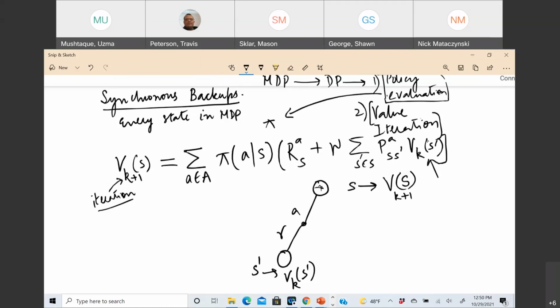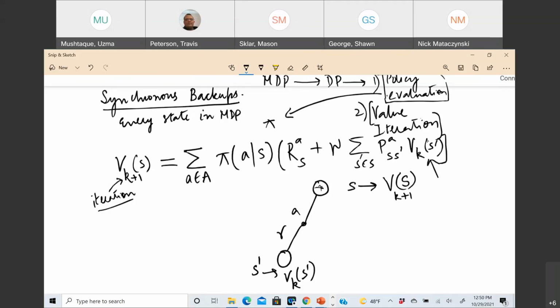So basically we'll use the value of the leaves, which is S prime here, that's my leaf, from the previous iteration, when we were computing the value of state S last time to calculate the value of state S prime, right?